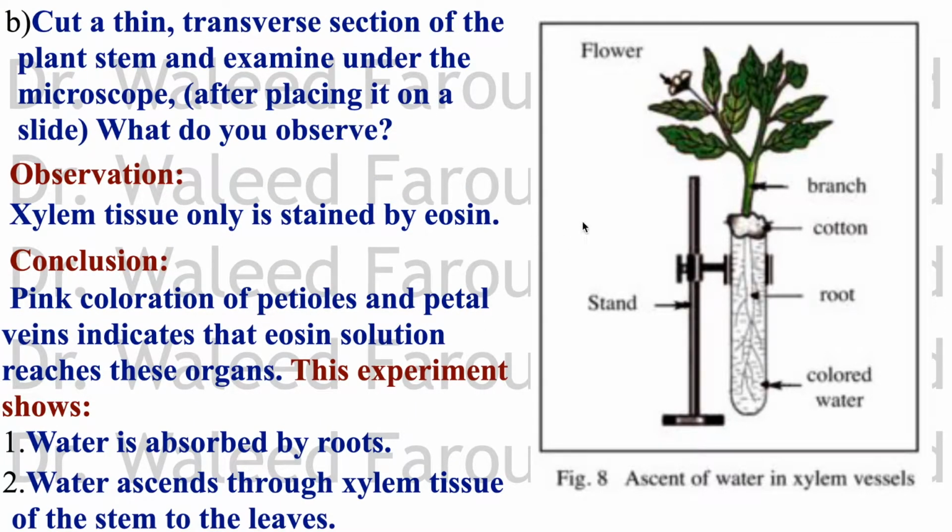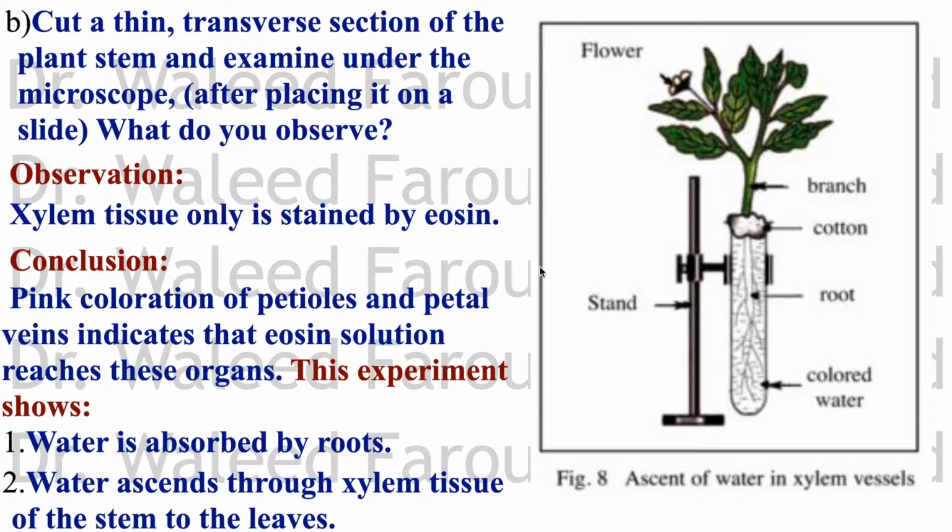Then you're asked to cut a thin section and examine it under the microscope. What will you observe? You will observe that only the xylem tissue is stained by eosine. Conclusion: pink coloration of the petioles and petal veins indicates that the eosine solution reaches these organs.